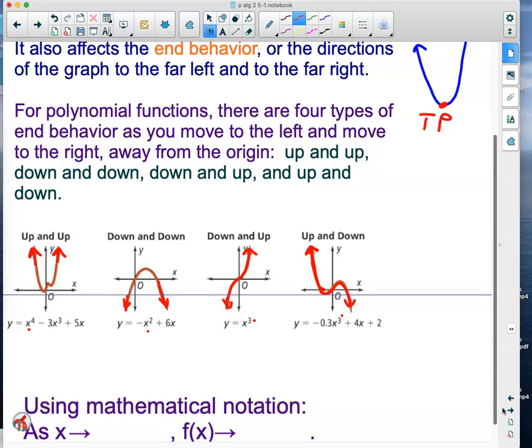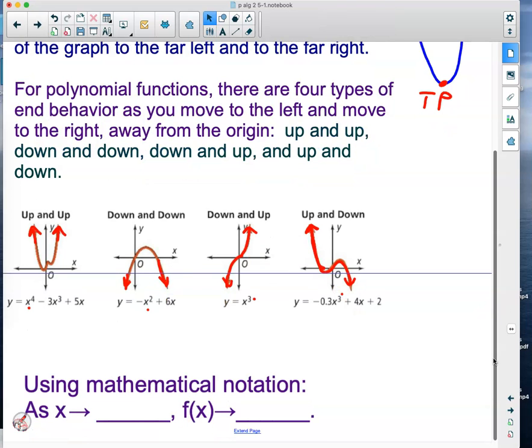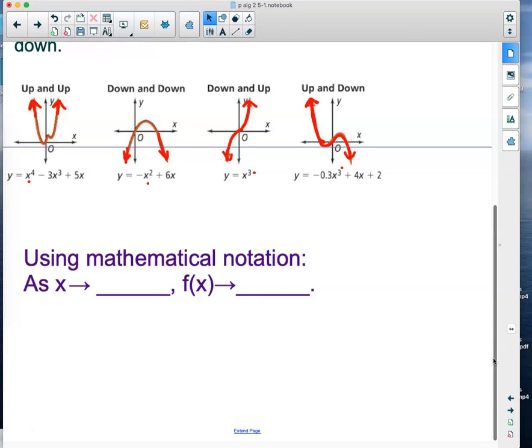Now, we are going to, on our test and everything else that we ask you for in here, we're going to say up and up, down and down, down and up, and up and down. But next year, when you get to college algebra and pre-calculus, this is written differently. It uses this notation: as x approaches negative infinity, f of x approaches what?